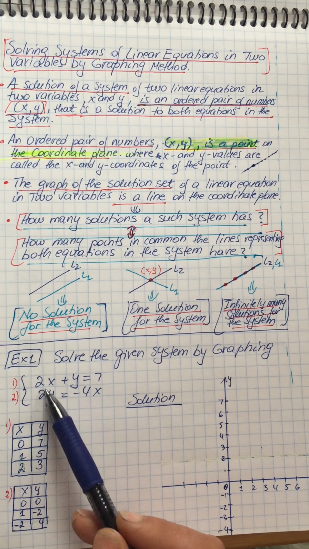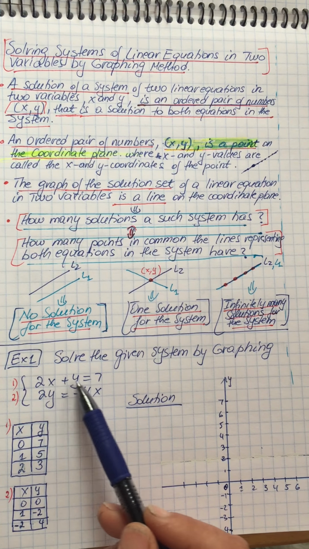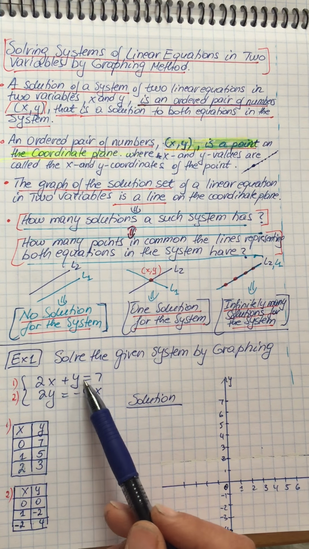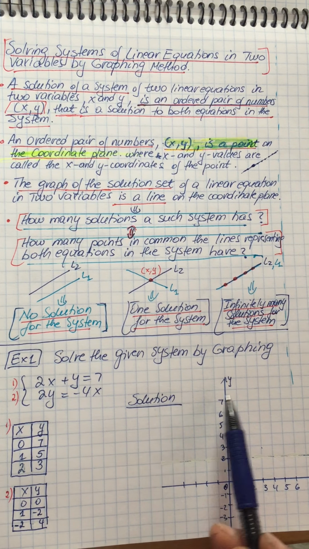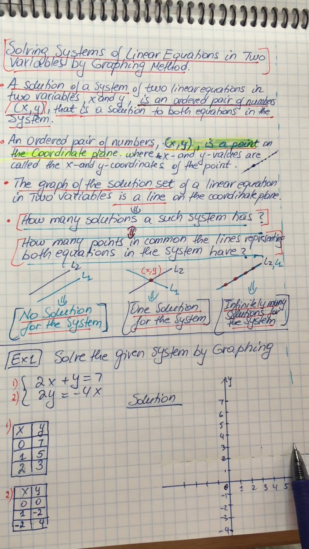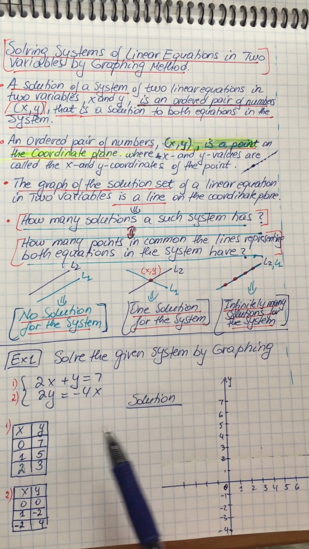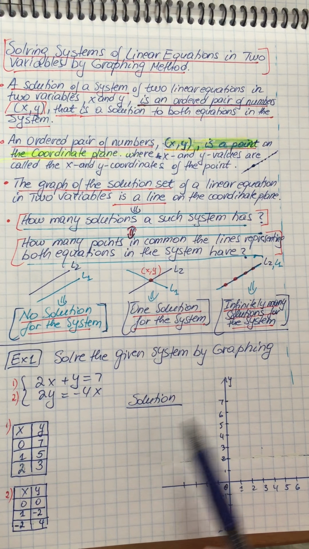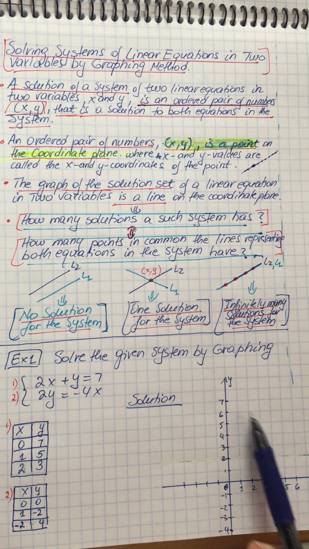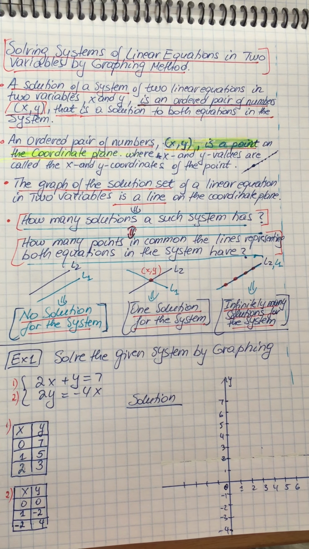Now, let's use the table method to find some solutions for the equation, which will be points on the plane. And if we have points on the plane, we will connect those points and we'll draw the line. We need at least two solutions in order to have 2 points. Sometimes we need 3 solutions.